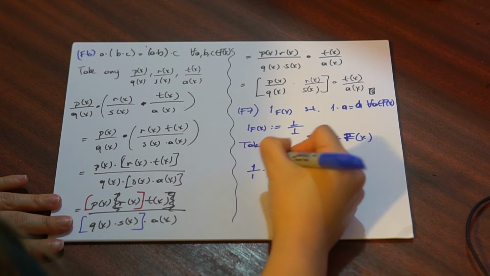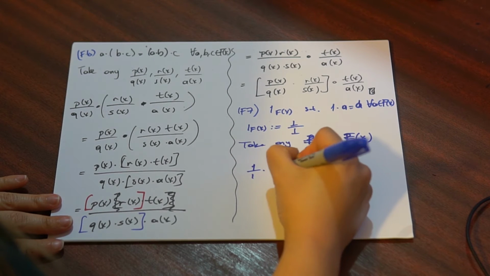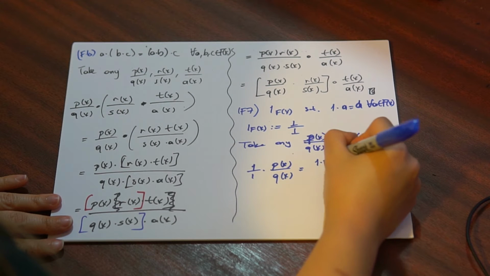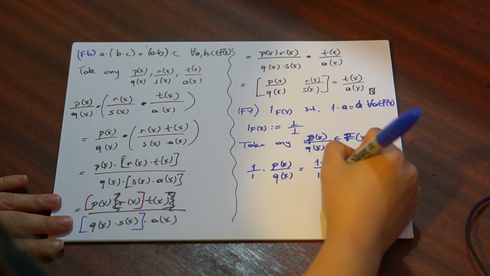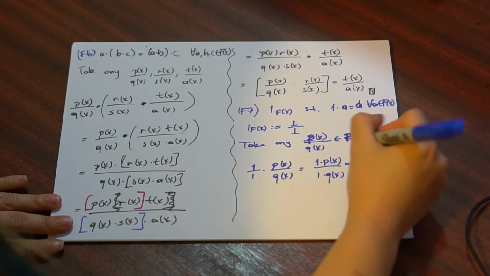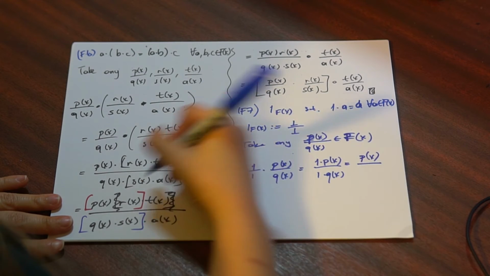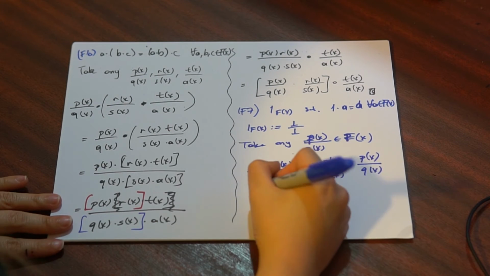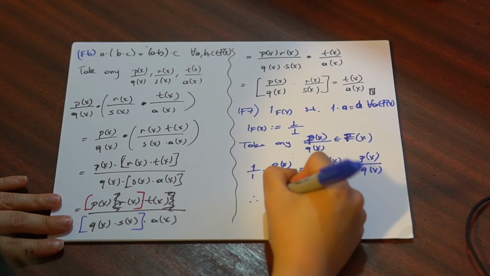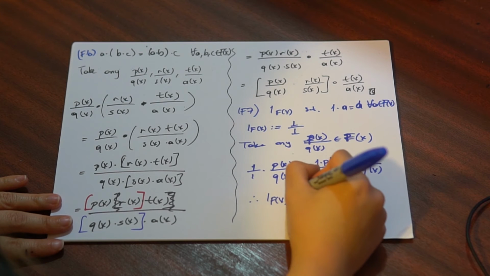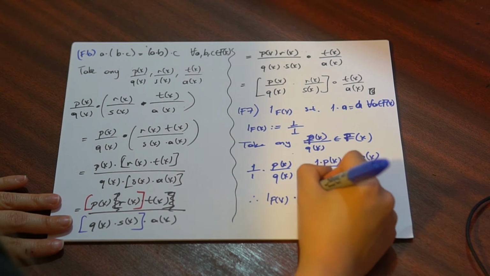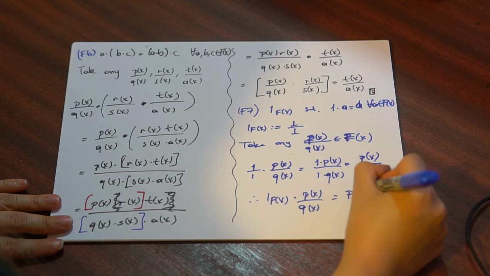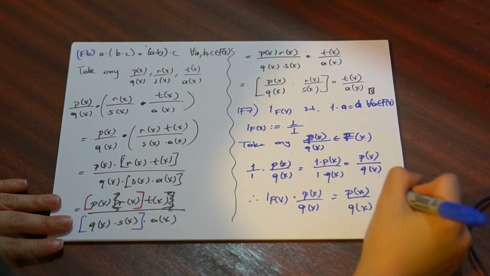So 1 over 1 times p(x) over q(x) is equal to 1 times p(x) over 1 times q(x), and 1 times p(x) is equal to p(x), and 1 times q(x) is equal to q(x). So the identity element of F(x) times any element is equal to that element.